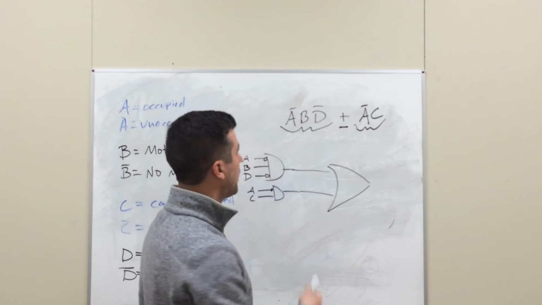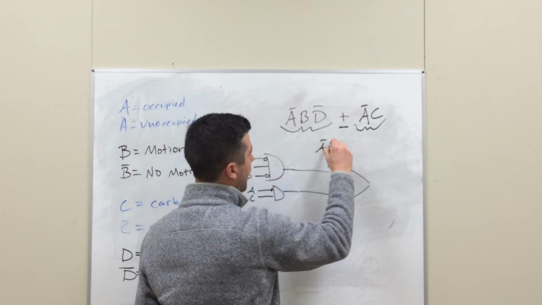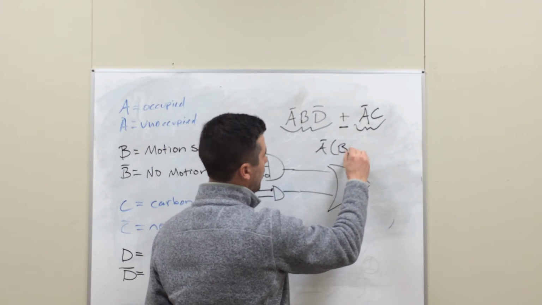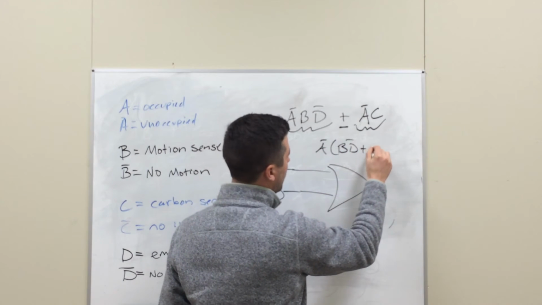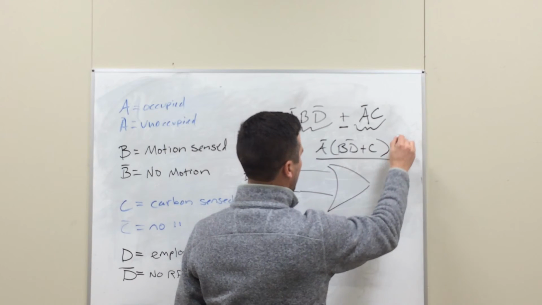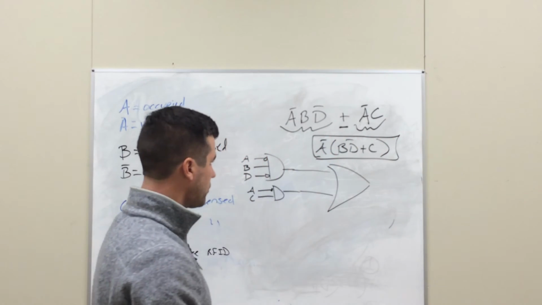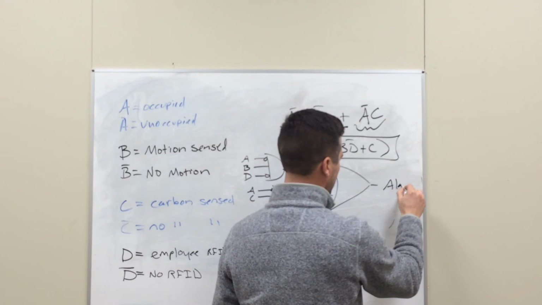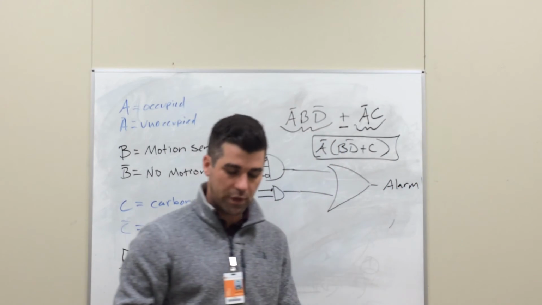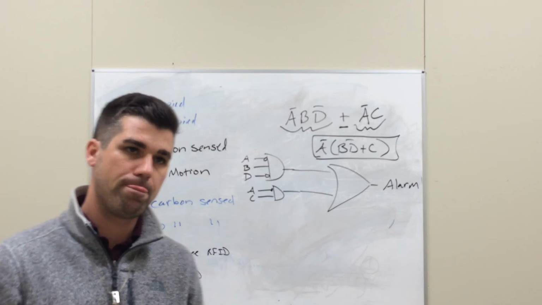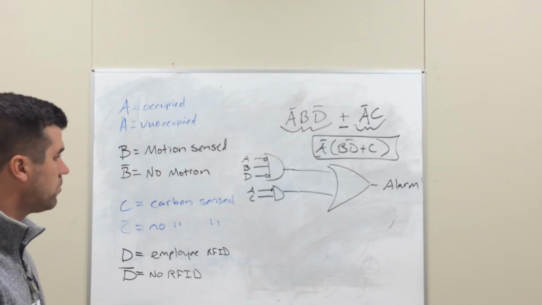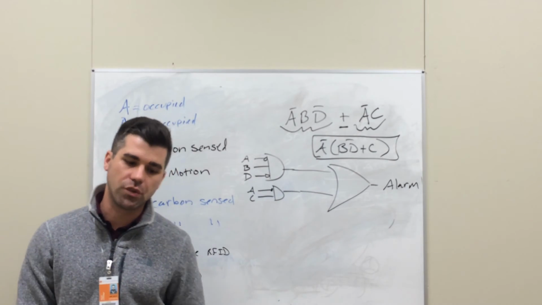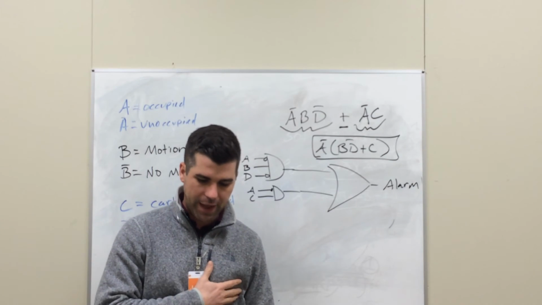We didn't have to, but you could have pulled out the A naught and done or D naught or C. There's your alarm. Again, I saw a lot of truth tables and people not knowing how to handle.